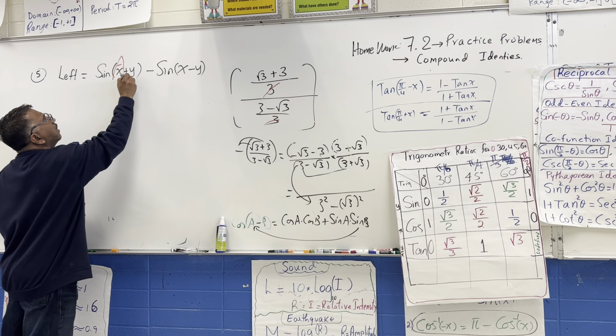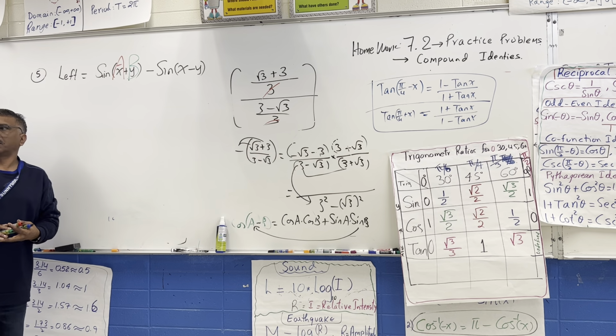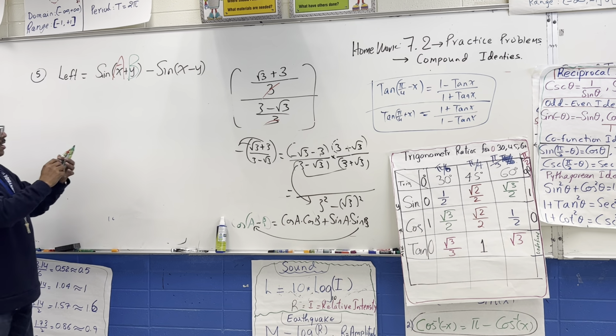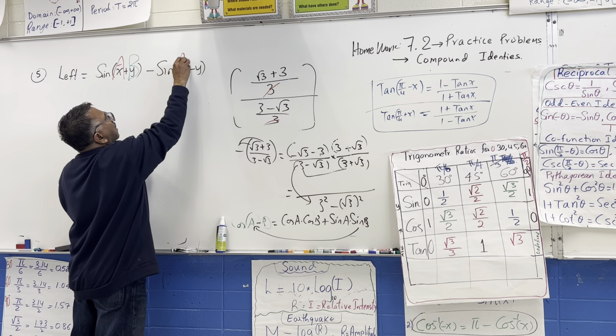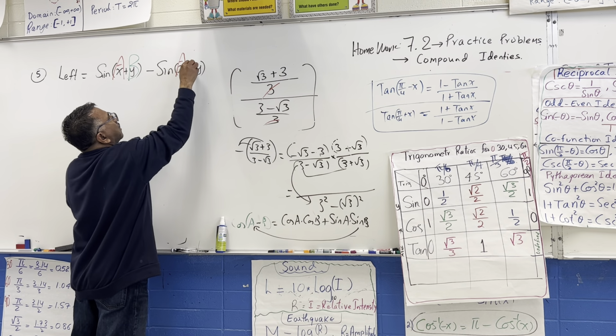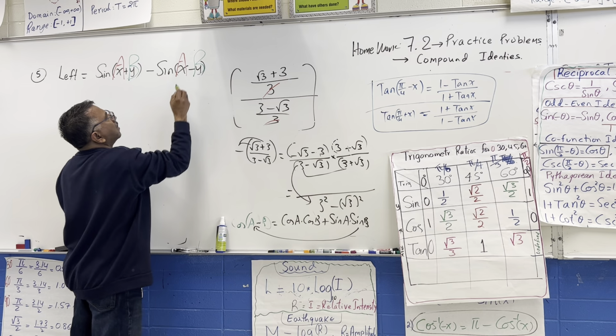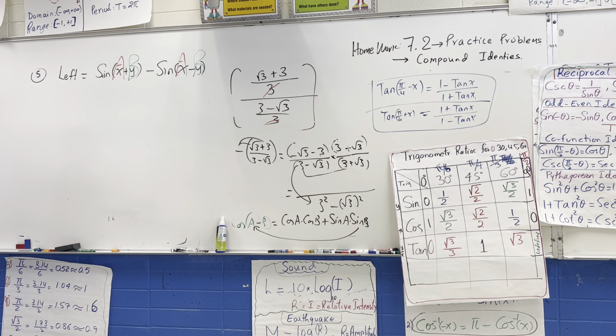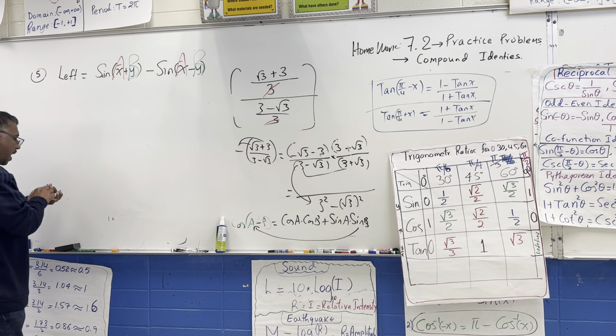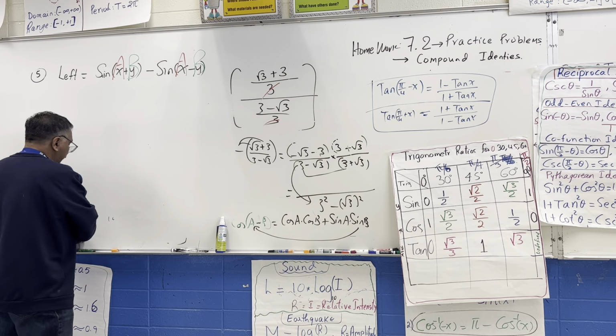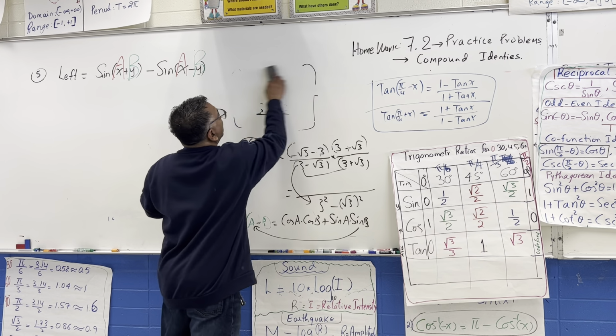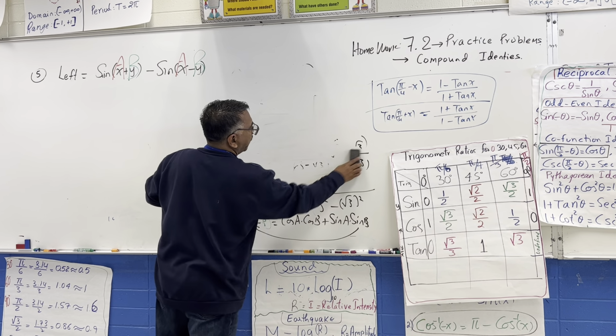Remember the second one is B. Same thing here. This is A, and that is B. Did the color coding help this time? Okay, so let's start. What is the formula for sine A plus B? Go check the formula if you forget.